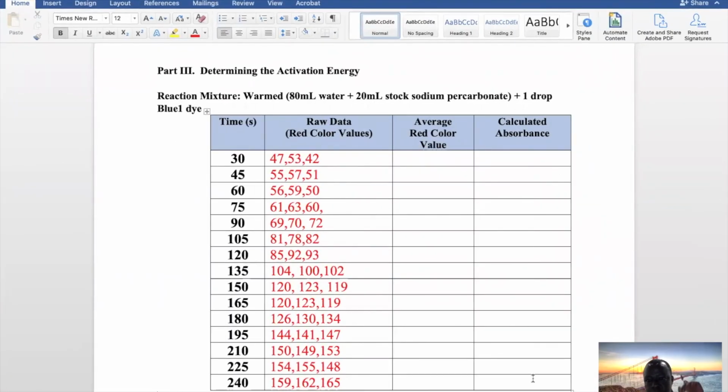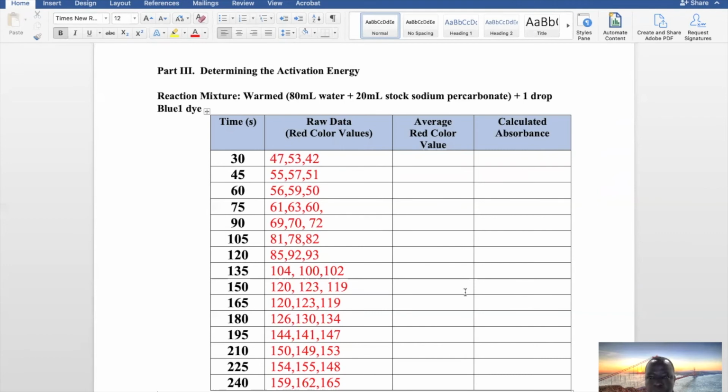If in the previous part you determined the reaction order to be first order, you will plot this using the first order procedure. If it is second order, you will plot this using the second order and include the equation of the straight line, all right, with the R value in your graph.